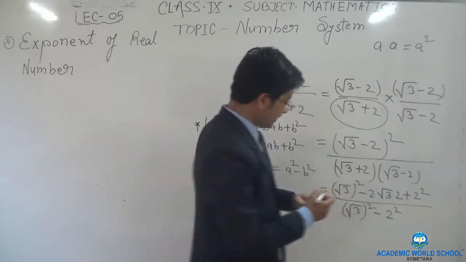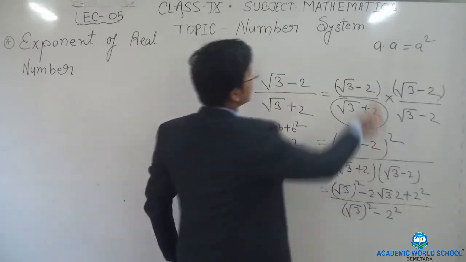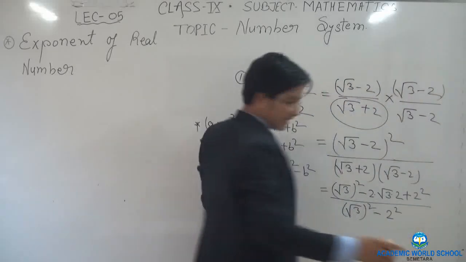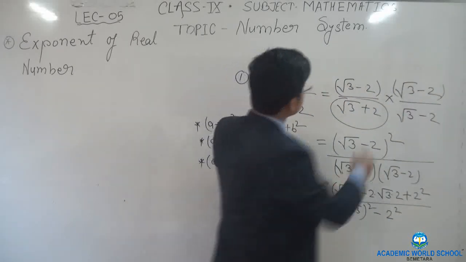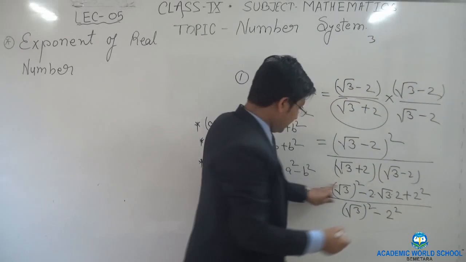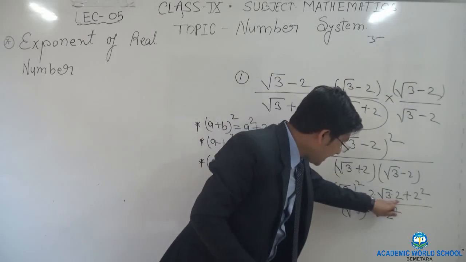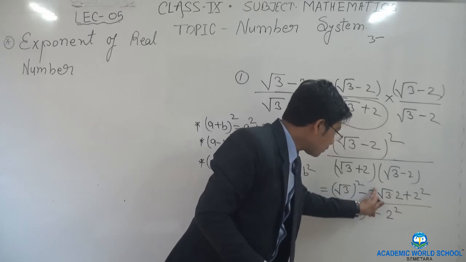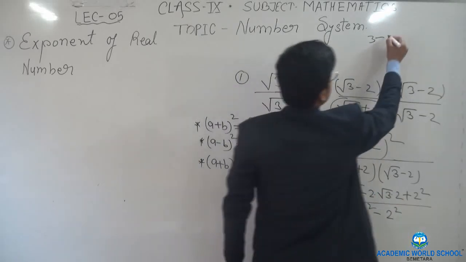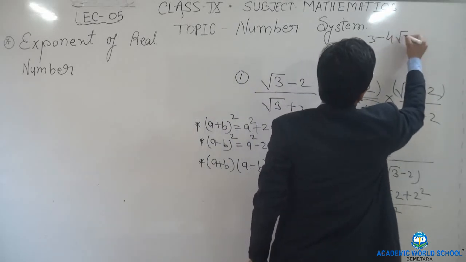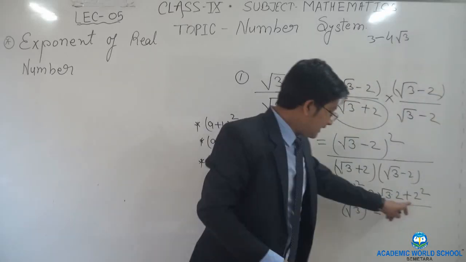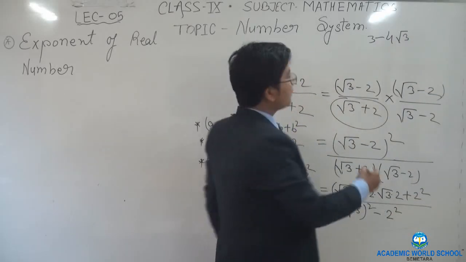So root 3 square is 3. I am writing on the upper side now. So this will be root 3 square is 3, then minus this 2 will multiply with this 2. So 2 into 2, this will be 4 root 3. And then plus 2 square, 4.